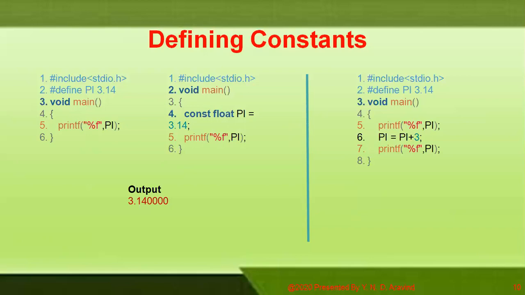So the output will be 3.140000, and the same output I get by using the other method: #include <stdio.h>, void main, const float pi = 3.14, printf of %f of pi, and so on.